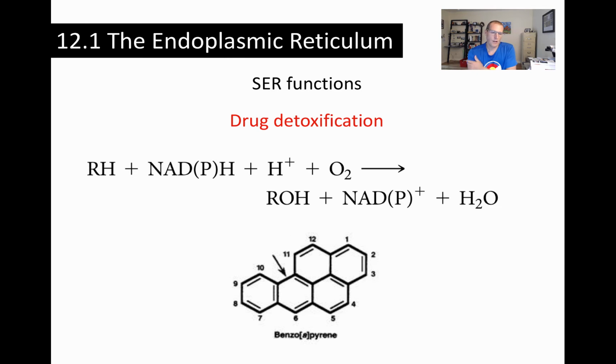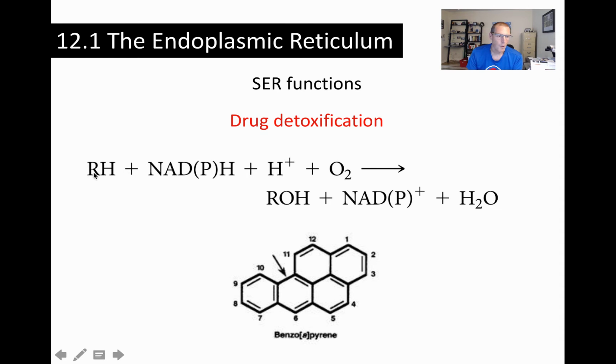These cytochrome P450s, these monooxygenases, you'll often recognize them because they have the gene name abbreviation CYP. So like CYP2E1 would be a cytochrome P450 or a monooxygenase. What they do is take electrons from NADH, and in an acidic environment they use oxygen to transfer one of these oxygens to this compound here.